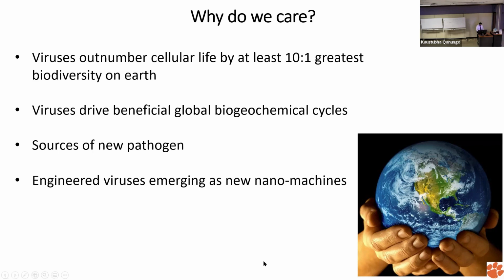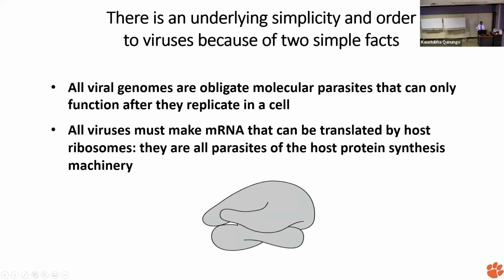All right, so the last thing is a take-home message: there is an underlying simplicity and order to viruses because of two simple facts. And this is your take-home message, the most important one from the first chapter. All viral genomes are obligate molecular parasites that can only function after they replicate in the cell.